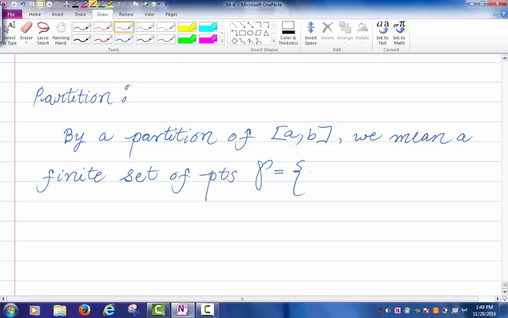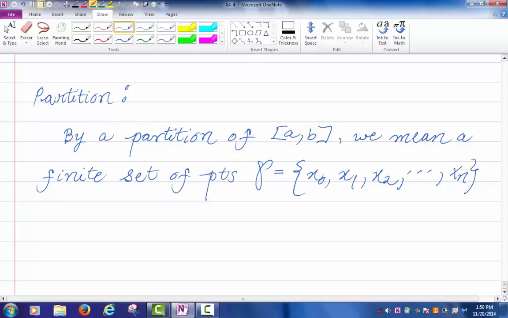So P here represents a finite set of points x0, x1, x2, ..., xn. How many points do I have there? It's n plus 1, because between x1 and xn you have n of them, and then you have x0.